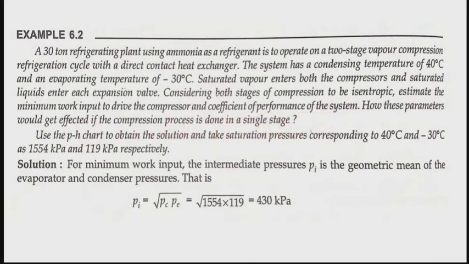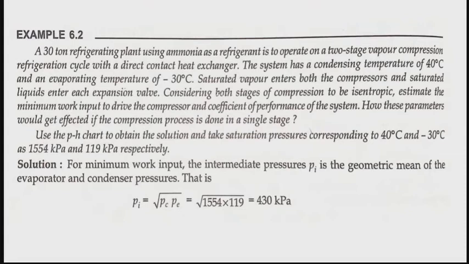So you have to compare the changes in the COP and the work input, and what the difference in the power, work input and COP will be compared with the two-stage system.